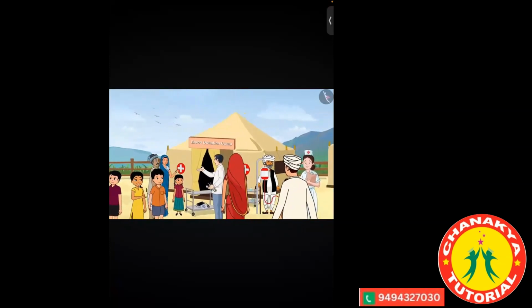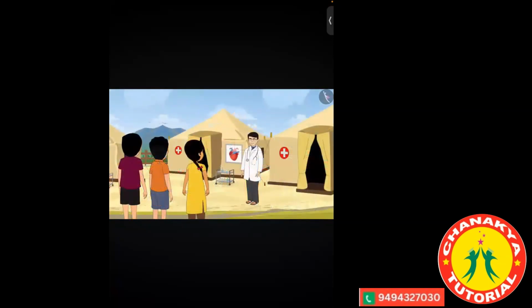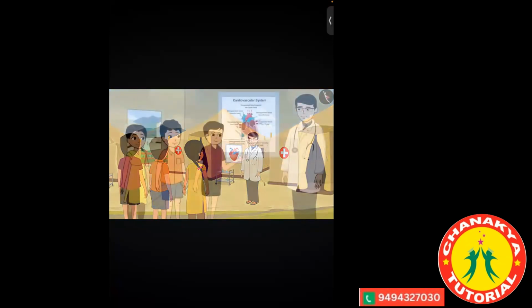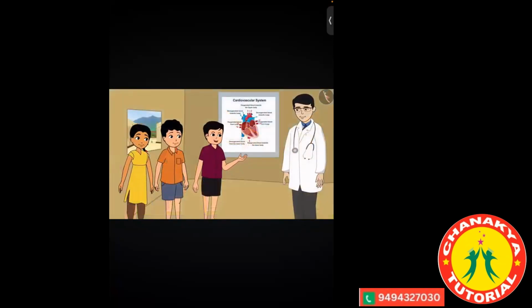Look, there is a blood donation camp. Look, there is such a big picture of the heart. Let us go there. Hello, doctor. Can you give us some information about the heart? Yes, children? Sure. What is this picture telling us about the heart?